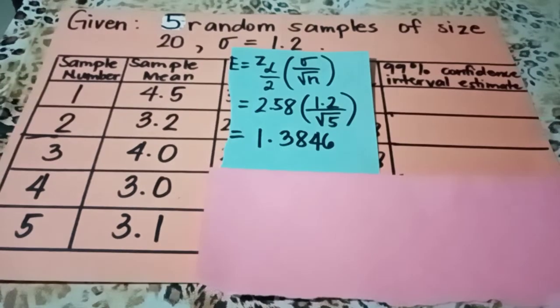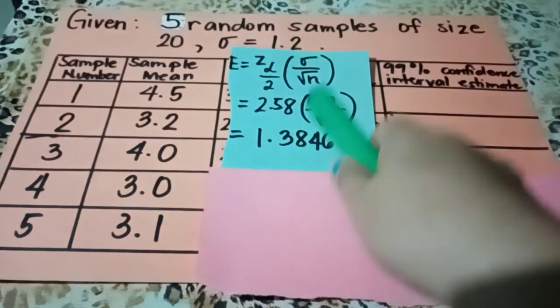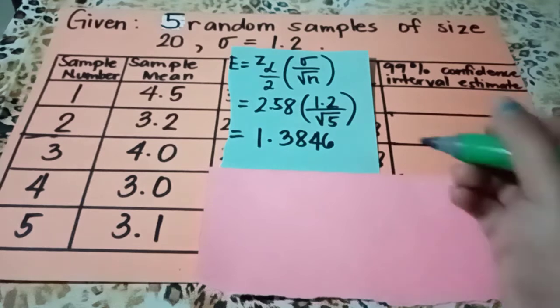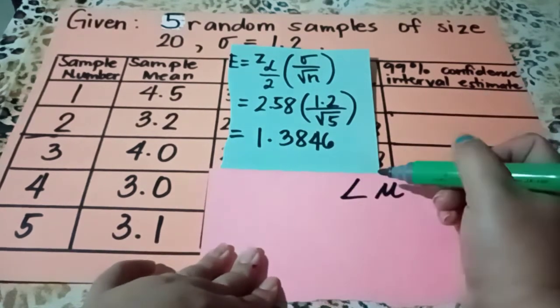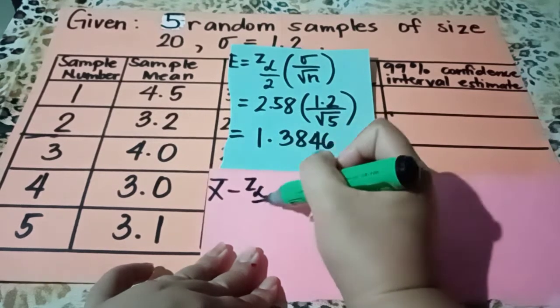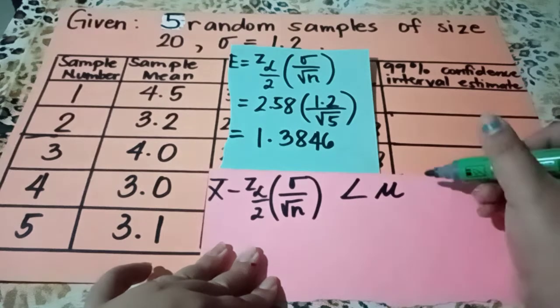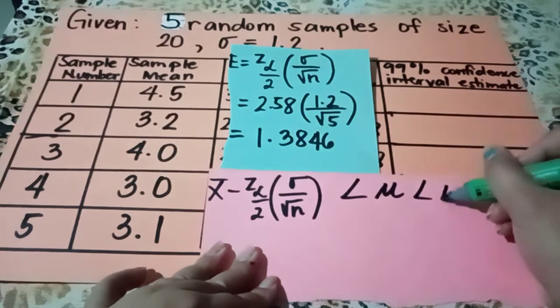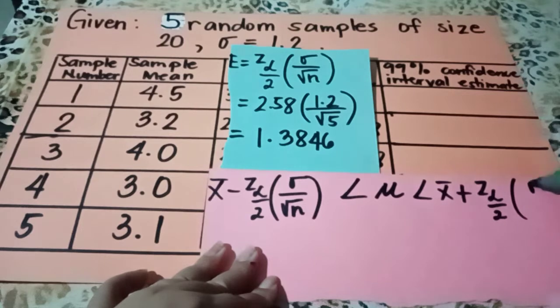Let us now continue getting the 99% confidence interval wherein our margin of error arrives as 1.3846. So of course, we're going to have the interval estimate wherein the mean is greater than our sample mean minus our critical value multiplied by our standard deviation all over square root of our sample size, but it is less than our sample mean plus your critical value multiplied by your standard deviation all over square root of your sample size.